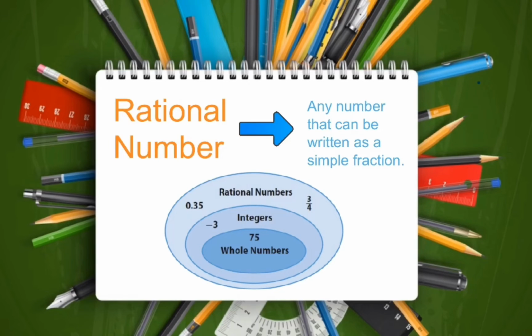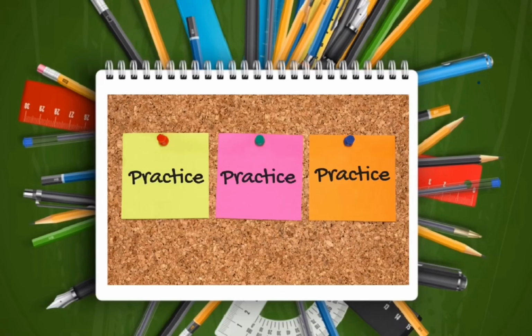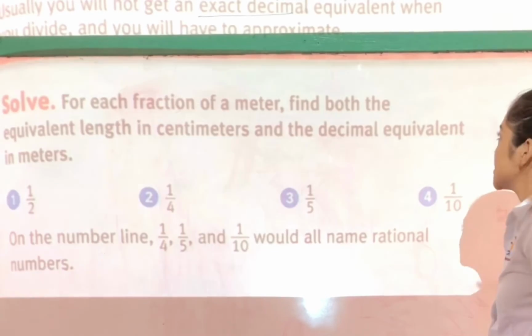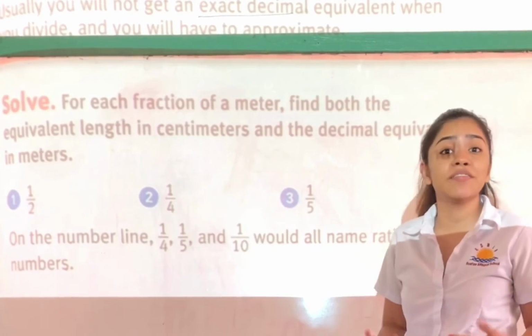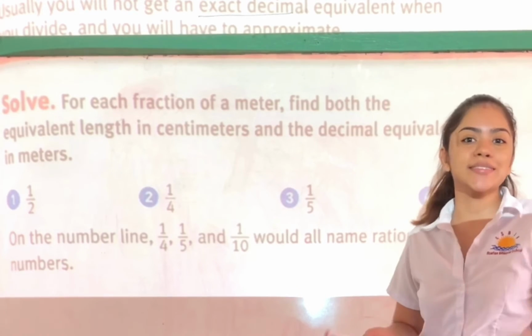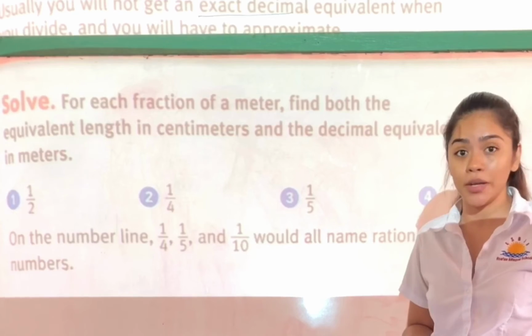Like I said, a rational number can be written as a fraction with any combination of numbers, as long as the denominator is not 0. Time to practice. You will not get an exact decimal equivalent when we divide. So what do we have to do? We have to estimate or approximate, okay?